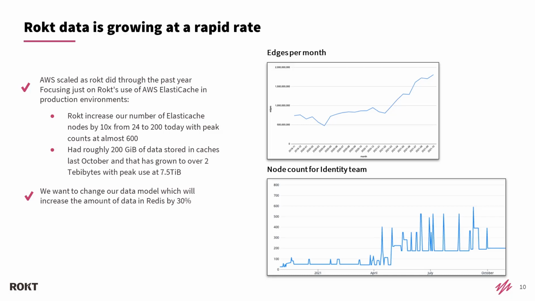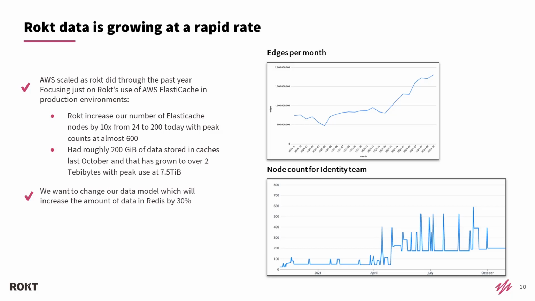And that correlates to the number of nodes in our ElastiCache clusters that we need. So we've gone from about 50 last year to around 200 this year and growing. And during an A/B test, because we have separate infrastructure, that node count will double. So you can see spikes there.